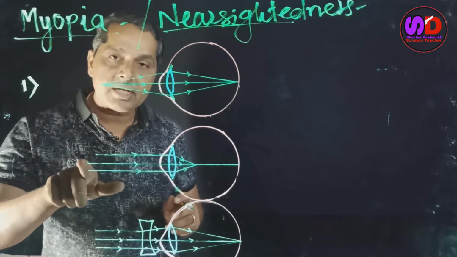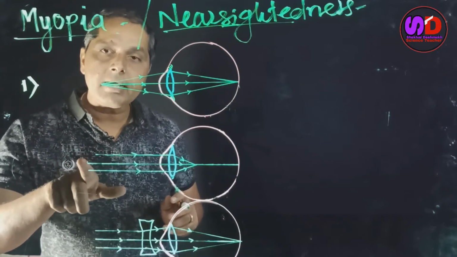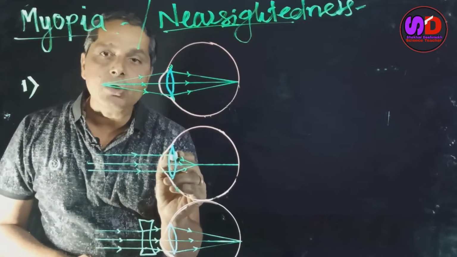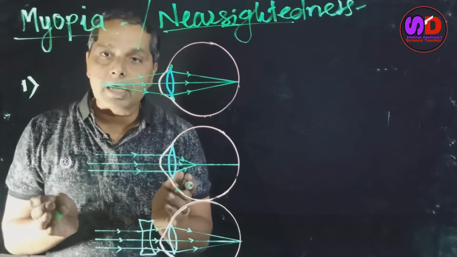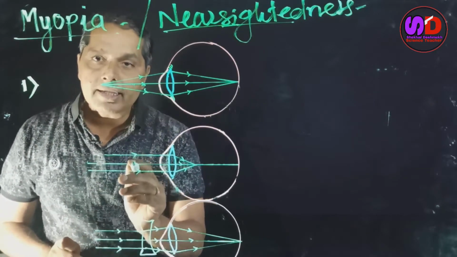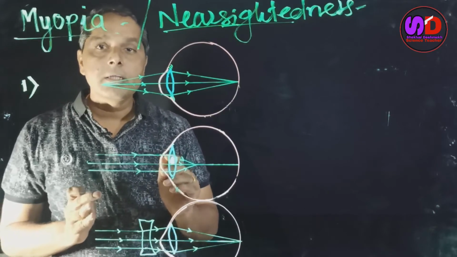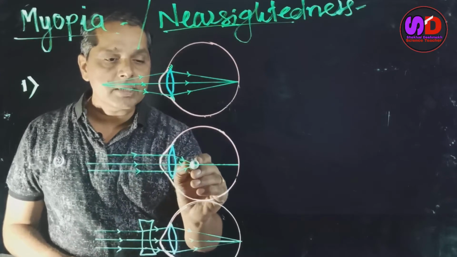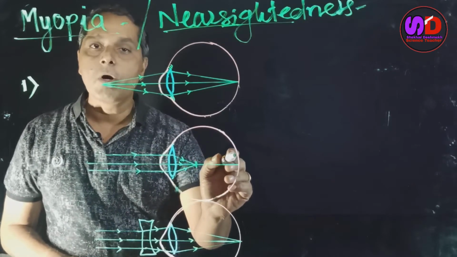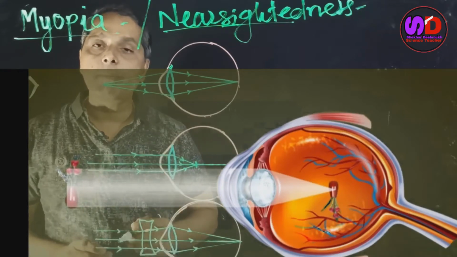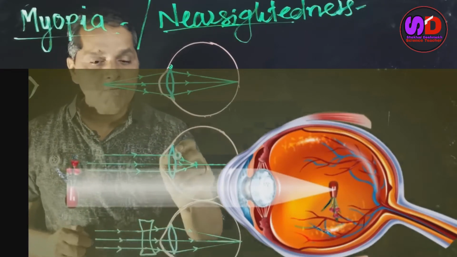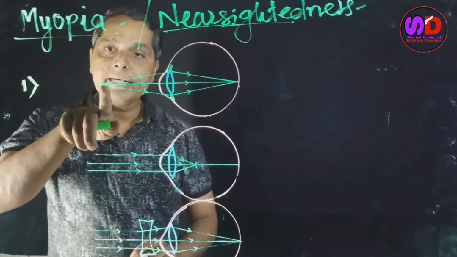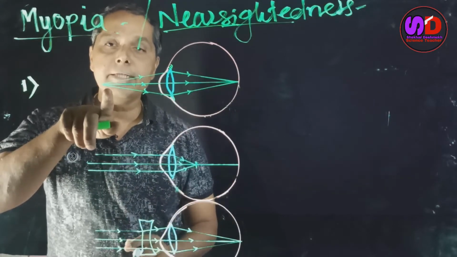In this diagram the object is at a far distance, and whenever the light falls on the lens, due to the increase in curvature, the focal length of the lens becomes short, or the converging power of the lens becomes high, and therefore the image is formed in front of the retina. Instead of on the retina, the image is formed in front of the retina, and therefore the distant object cannot be seen clearly.